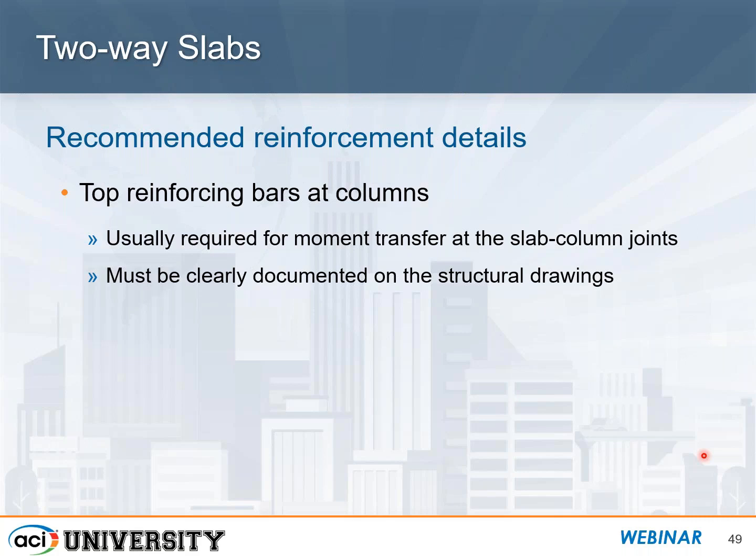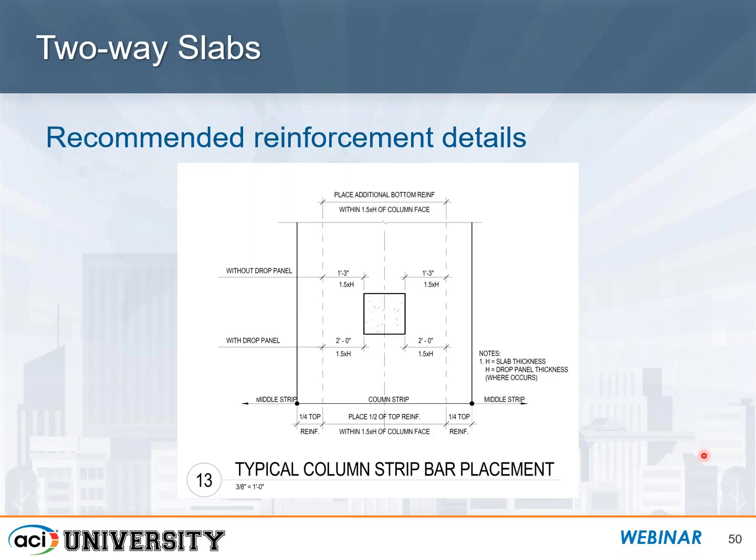You have to have a special detail there for constructability, because if it's not, the bars are going to be spaced out and you may not then have the concentration of reinforcement that you need at that particular location. So I've seen this done a number of ways. I've seen it done this way, where it calls out placing half of the top reinforcement within this particular strip.